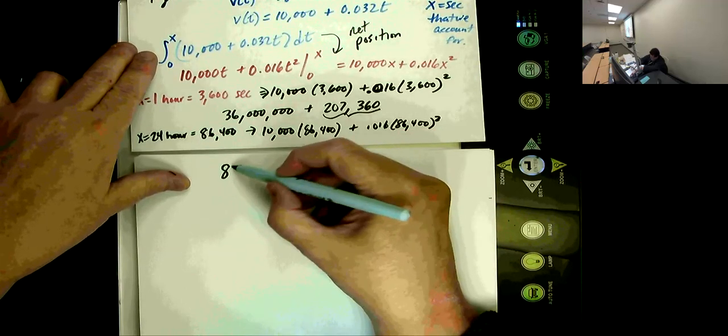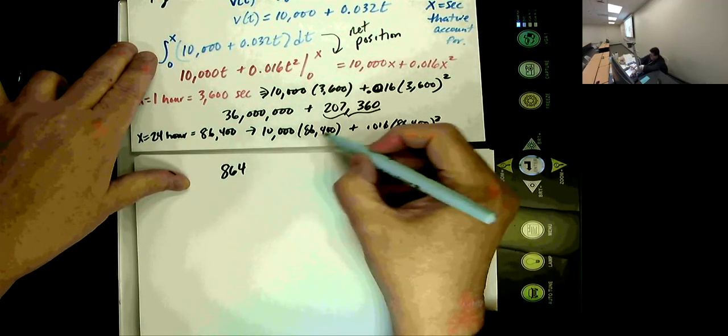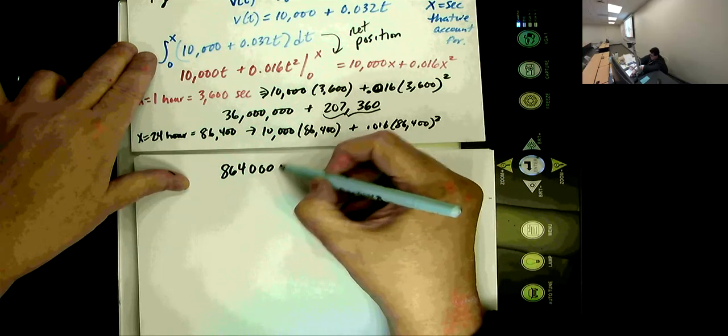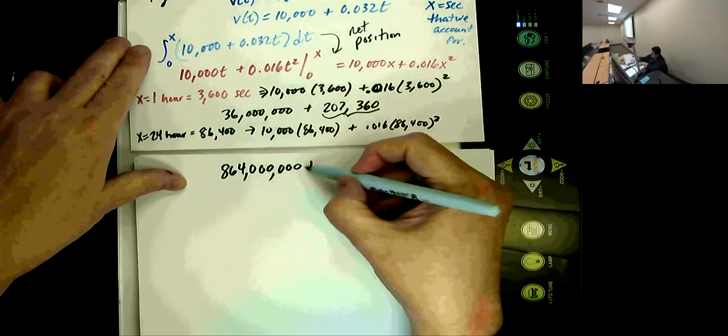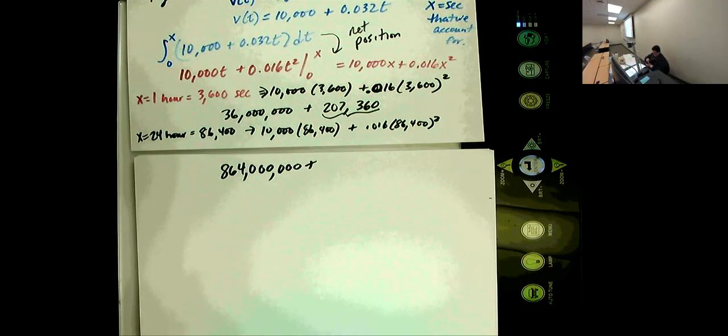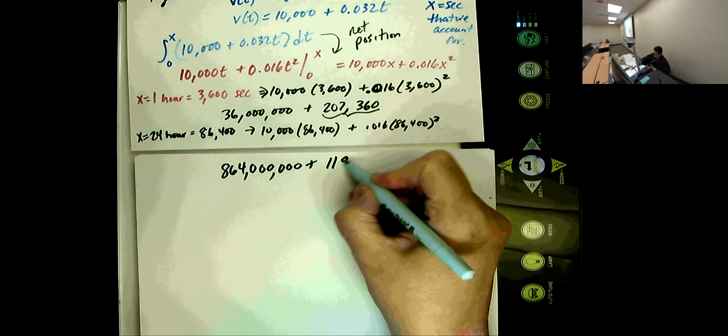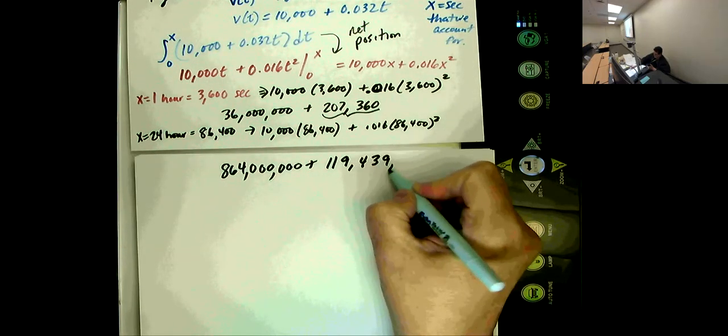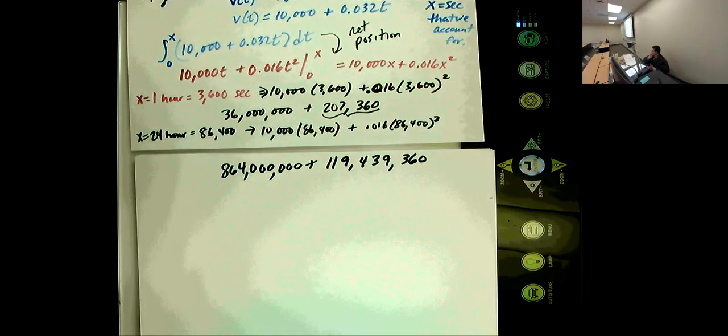Here I've got 864 and then 6 zeros again. And now we have measurable acceleration. It's not small. Without the acceleration, the position would have only gone up 864,000. With the acceleration, it's moved up another 12%.